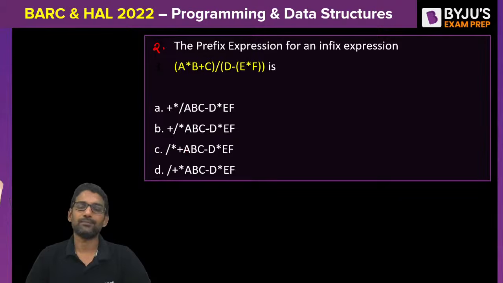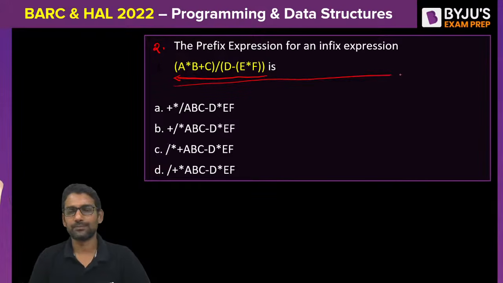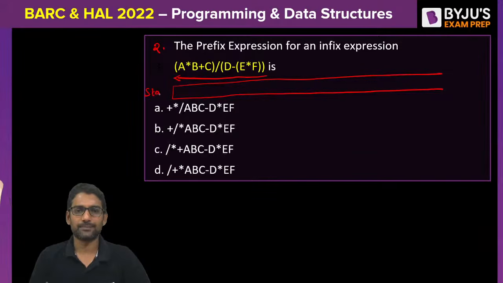Okay. So what does the conversion procedure say? Scan from right to left, follow the same procedure and reverse the result. If this is the stack and we are getting some result, that is not yet the prefix expression.